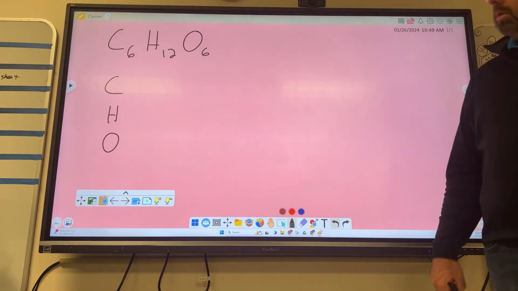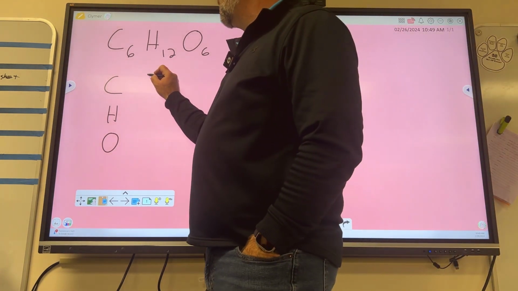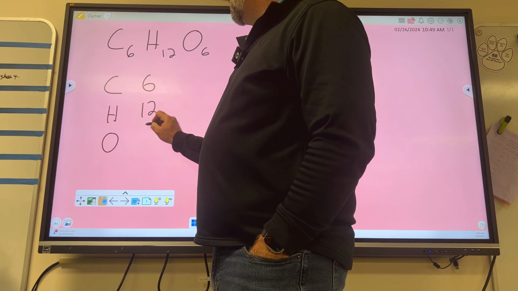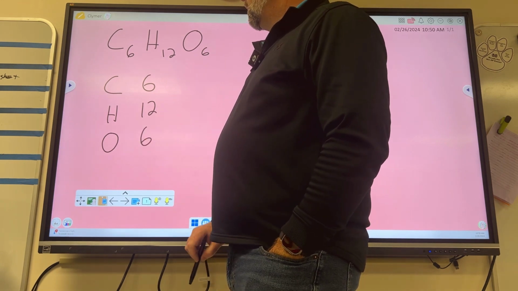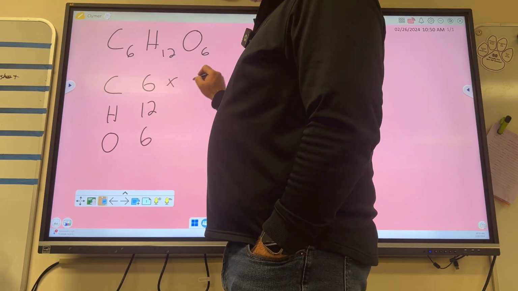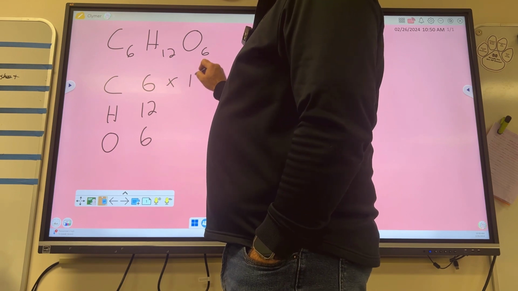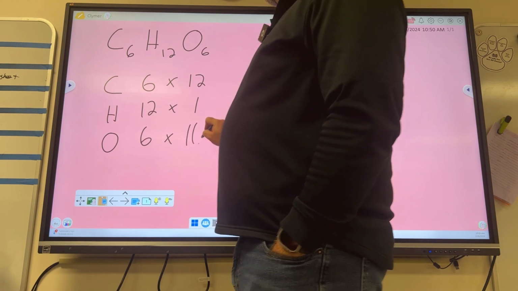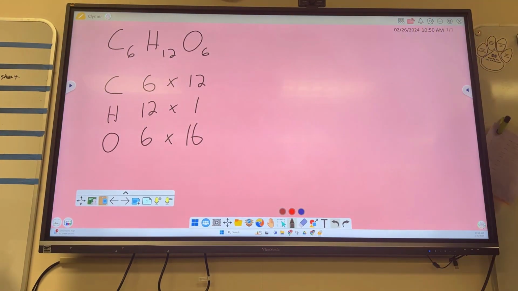Next, we total them up. How many carbons? Hydrogens, oxygens, and then times their average atomic mass. And again, these are just numbers you look up on your periodic table. You'll start to get real used to some of these that we see all the time.